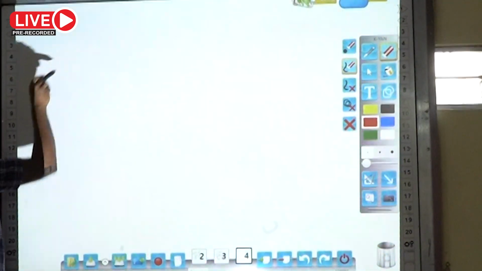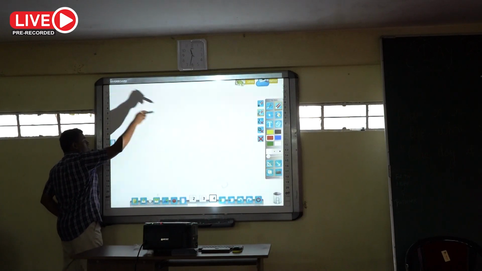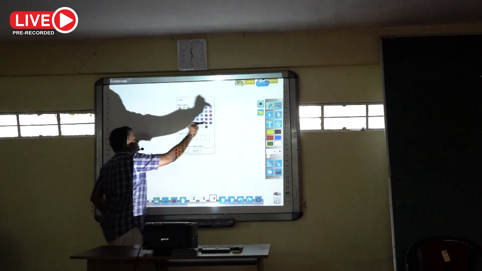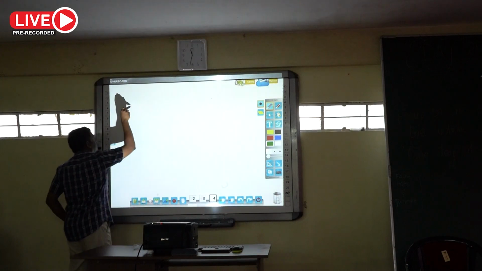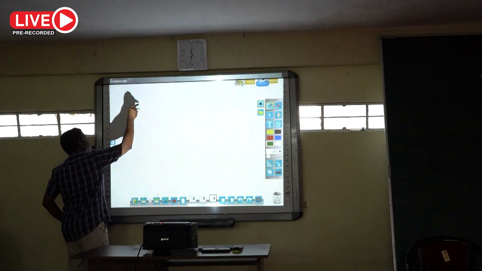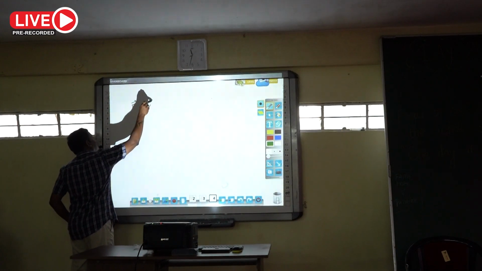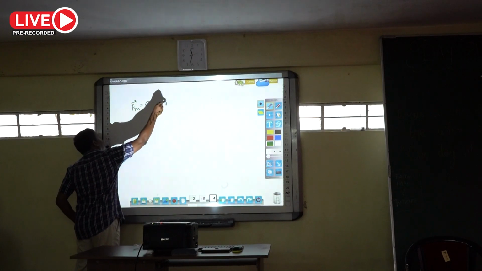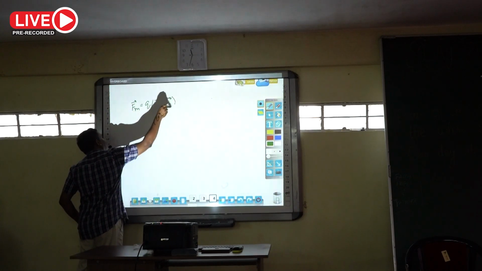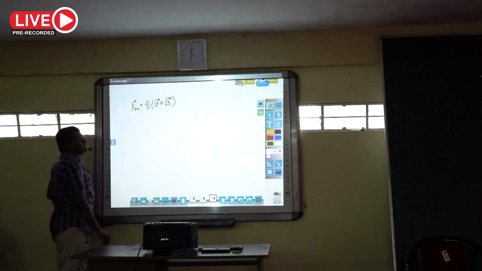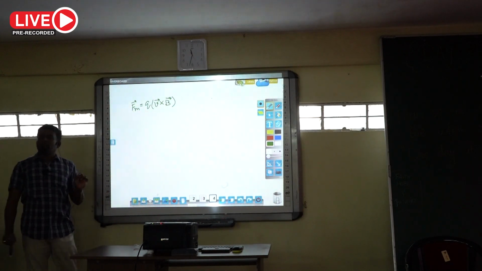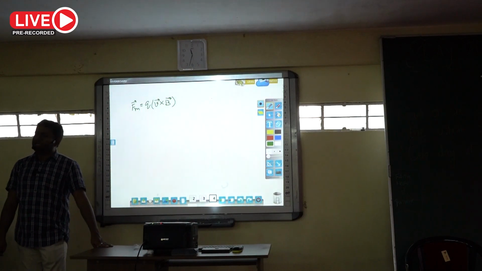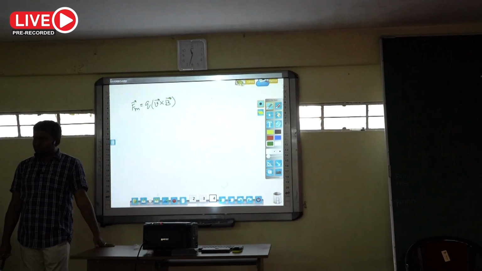First one is, if this force Fm, Q into V cross B, is acting on a moving charge, and suppose under the action of this force the moving charge is displaced by an amount dr.